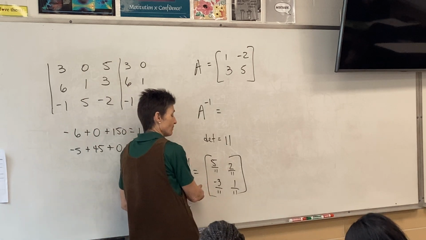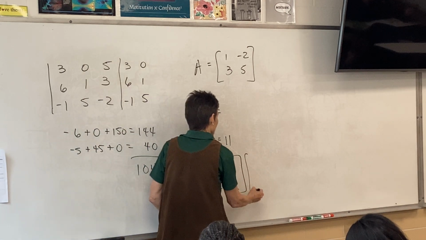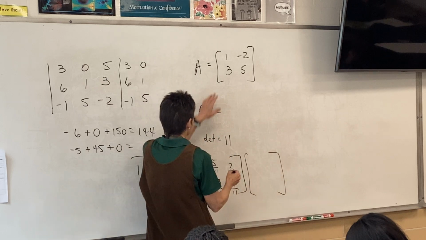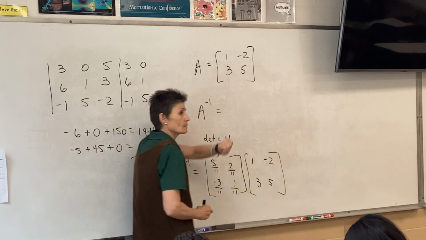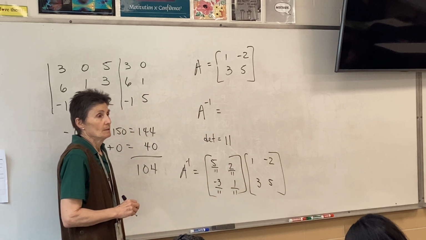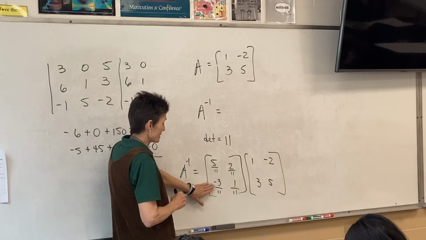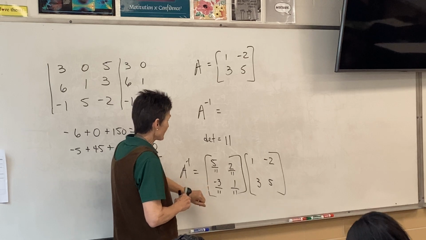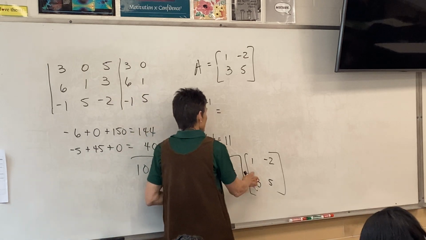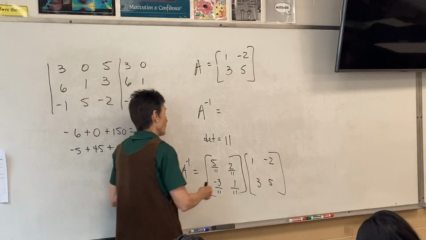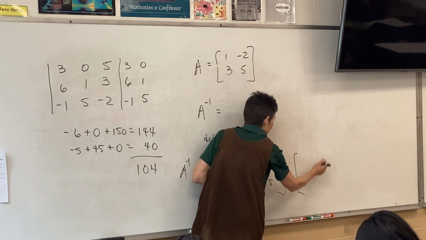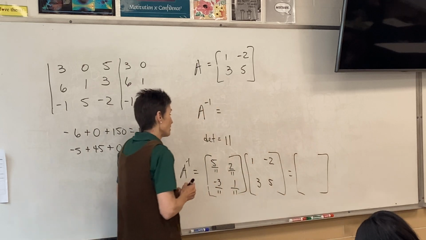Let's take this inverse that we just got, and let's multiply it by the original matrix. Okay? So this is the inverse that I just got. This was my answer. And just for fun, I'm going to times it by my original problem. Let's see what happens when I do that. Don't let the fractions scare you.